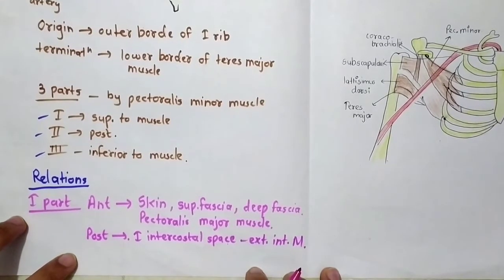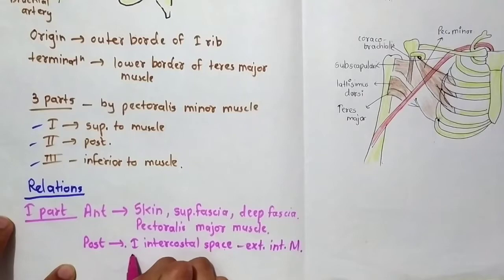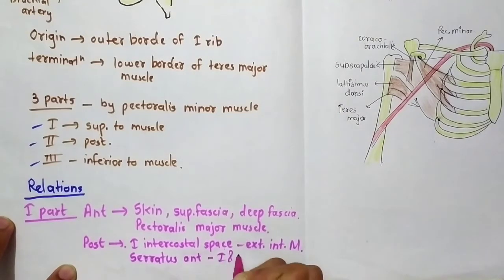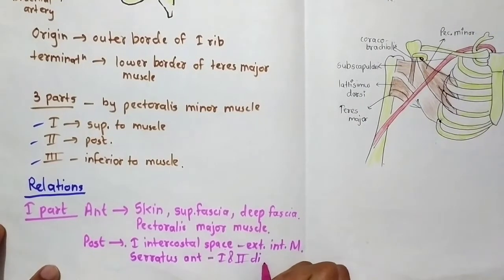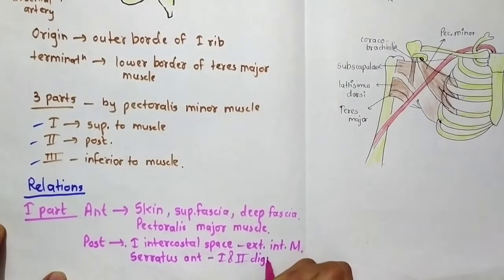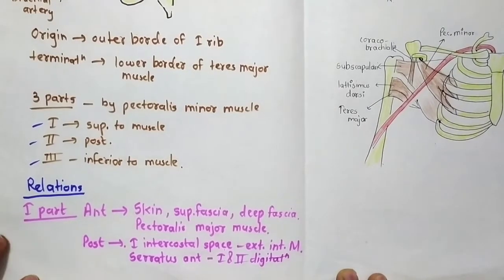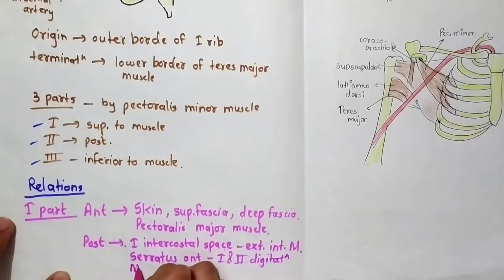And there is one muscle named serratus anterior, its first and second digitation, that is its first and second origin. And the medial cord of the brachial plexus.